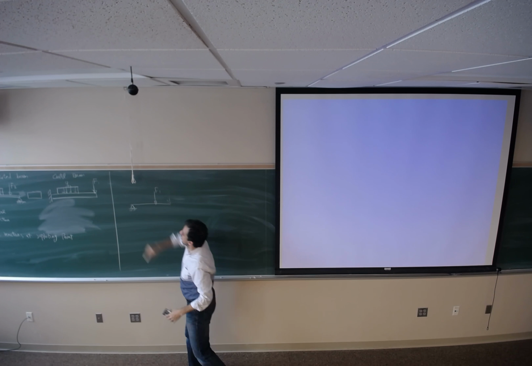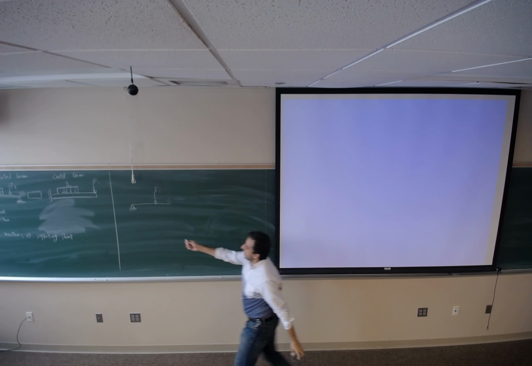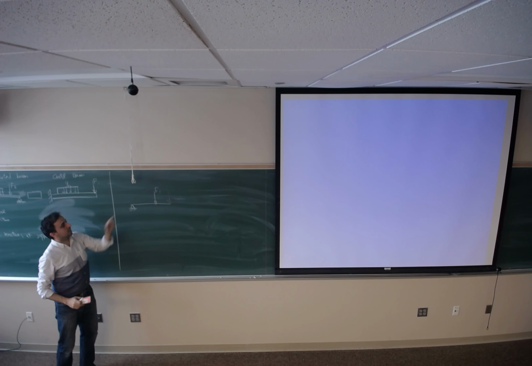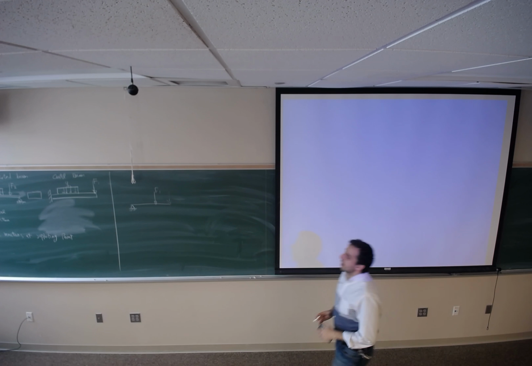So it tells me this pin or this supported point cannot support any moment. It's going to rotate about this pin. But here, when I'm looking at this beam, it's not going to move. So if it doesn't move, it means the bending moment or the moment about this point and this point is going to be 0.